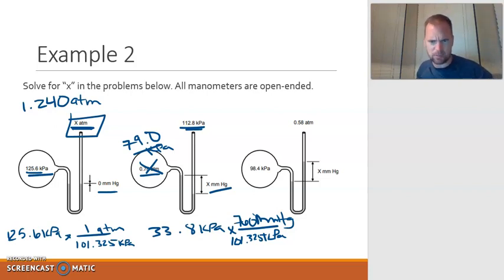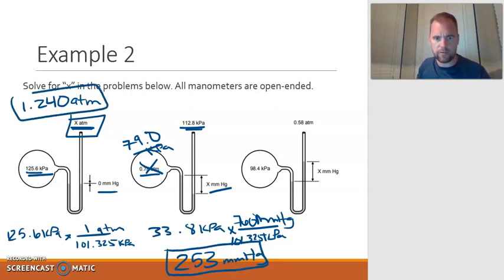My handwriting's terrible today, I'm sorry about that. Hopefully you're tracking. So we're going to do 33.8 times 760 and then divide by 101.325. That gives us roughly 253 millimeters of mercury, and that would be our answer there.